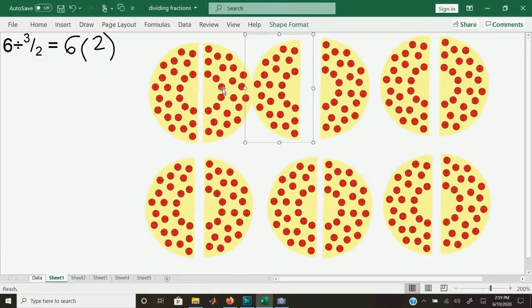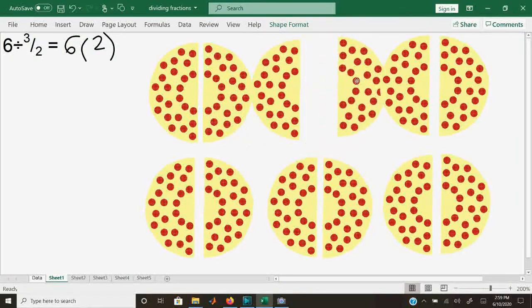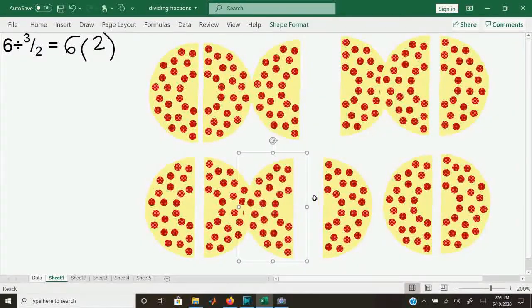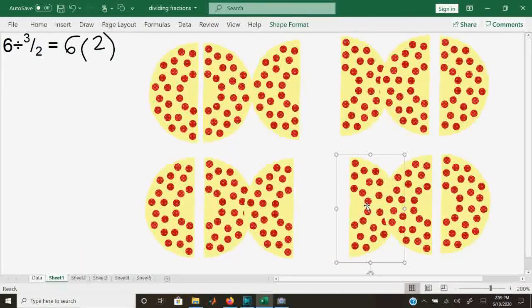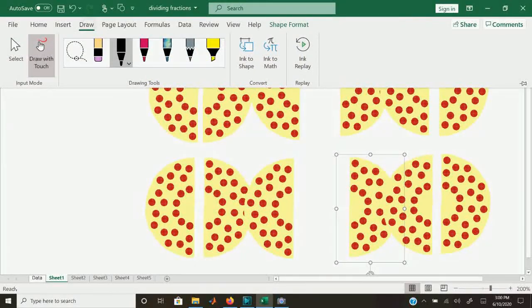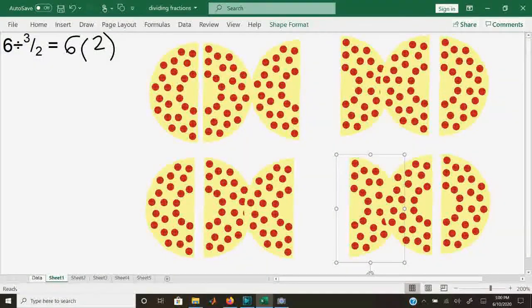So I notice I can get 3 halves here, 3 halves here, 3 halves here, and 3 halves here. So I can see once I take my 12 halves of a pizza, the 6 times 2, and then now I've divided it by 3, I can see that 4 people can get 3 halves of a pizza.